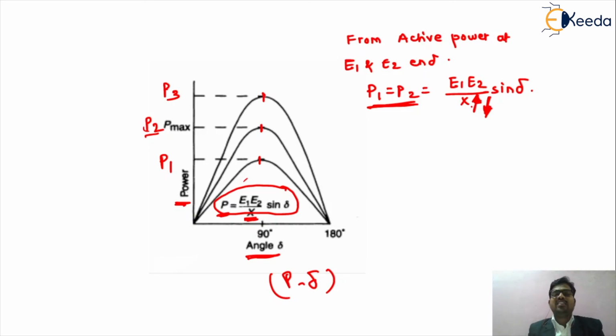I say reactance rather than impedance because, as we saw at the start of the derivation, the fundamental component is Z equal to R plus jX, where Z is the impedance, but at the start of the derivation we said that the value of resistance is ignored, so the value of reactance is nothing but the value of the impedance. That's why we can say this is the inductive impedance of your transmission line.